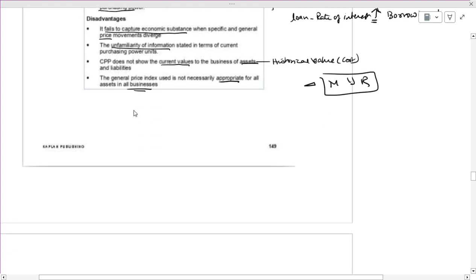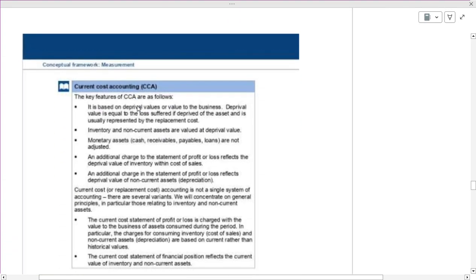Fine. Now, what is the next one? We are talking about current cost accounting. This we are going to use mostly in management accounting. It is based on the deprival value, or value to the business. What is the deprival value?